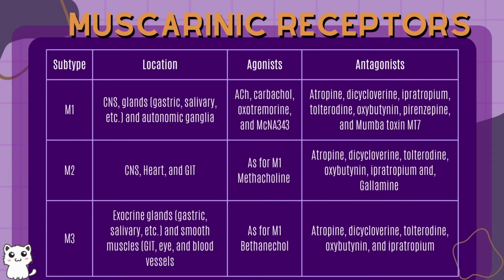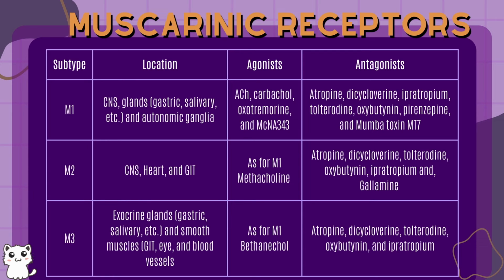The following are the subtypes of muscarinic receptors: M1, M2, M3. M1 can be found in the CNS, glands such as gastric and salivary, and autonomic ganglia. Its agonists are acetylcholine, carbachol, oxotremorine, and McN-A-343.